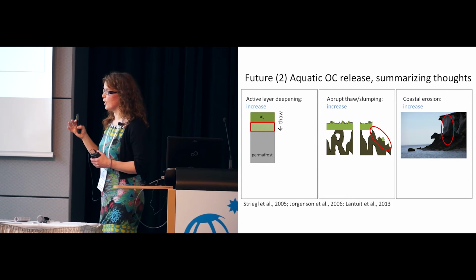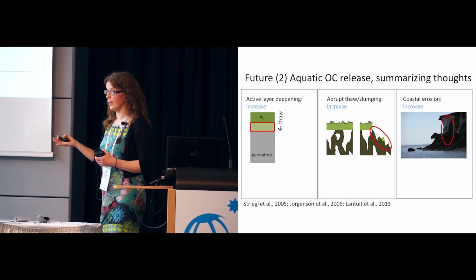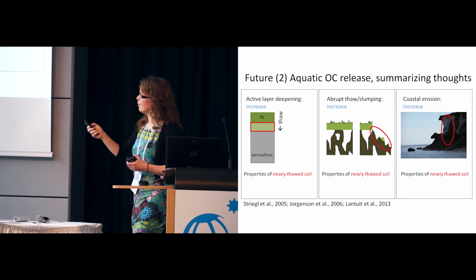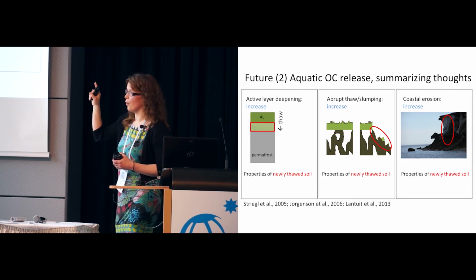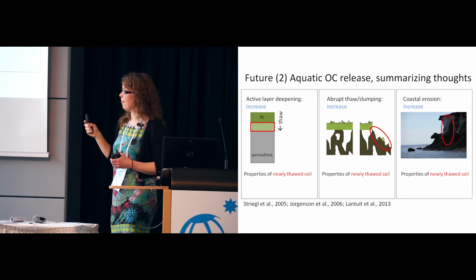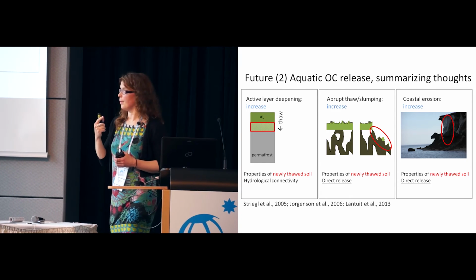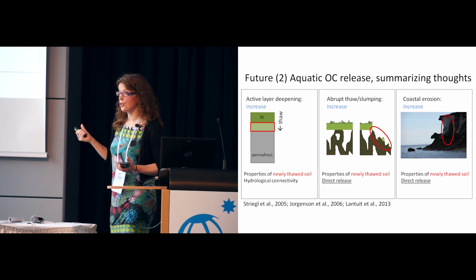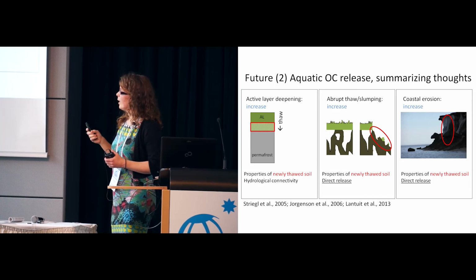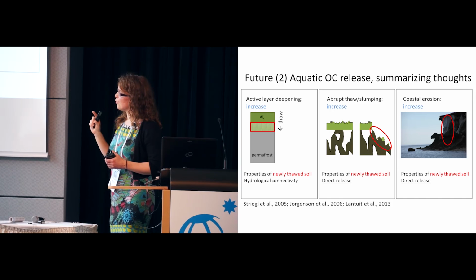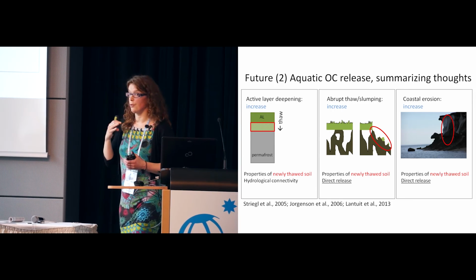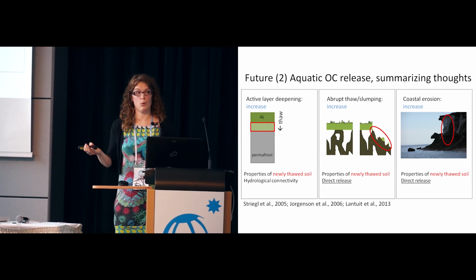So what determines then the organic carbon release going into the water? That of course depends on the features of this newly thawing layer of soil, and the properties: how much ice, how much organic carbon, how much nutrients. That's one feature. And then also, to determine the aquatic release, you need to know how accessible the water is.